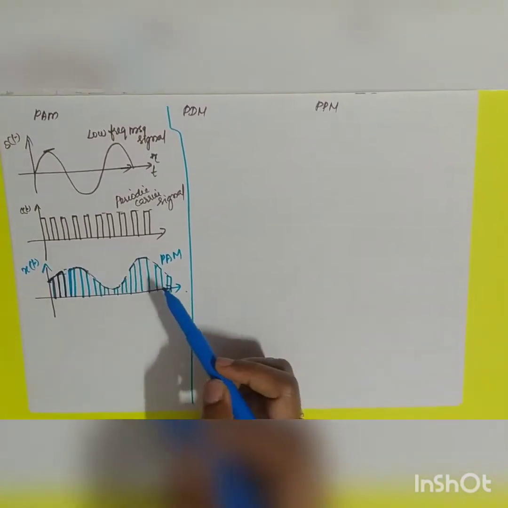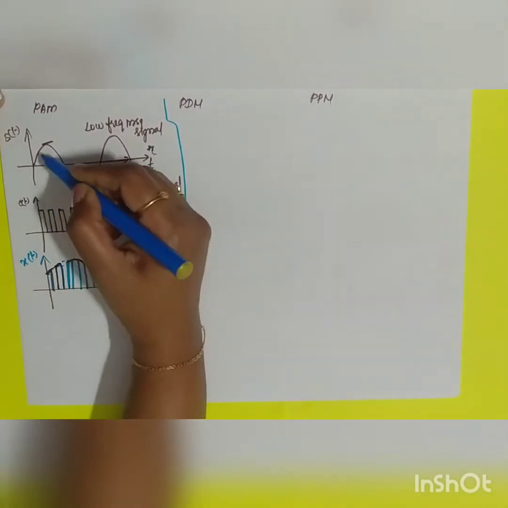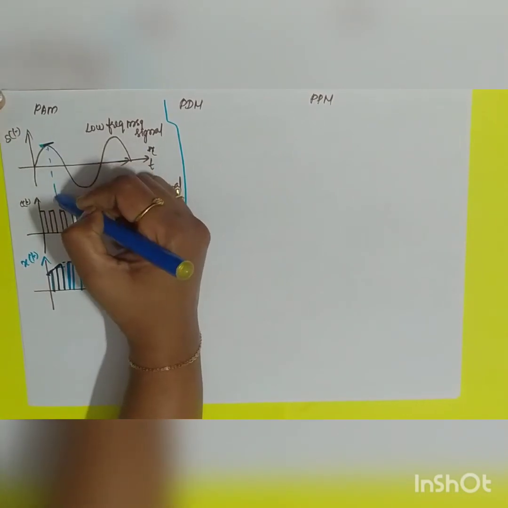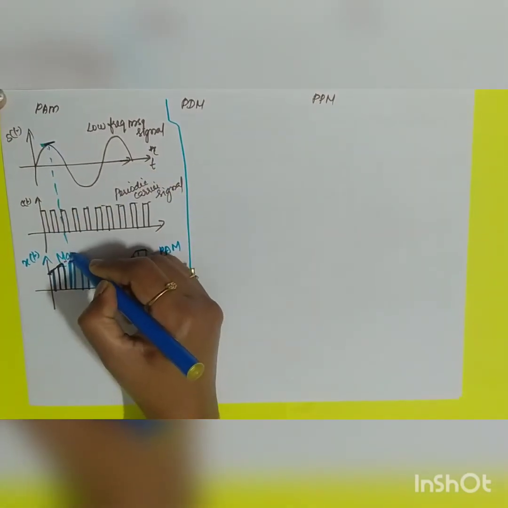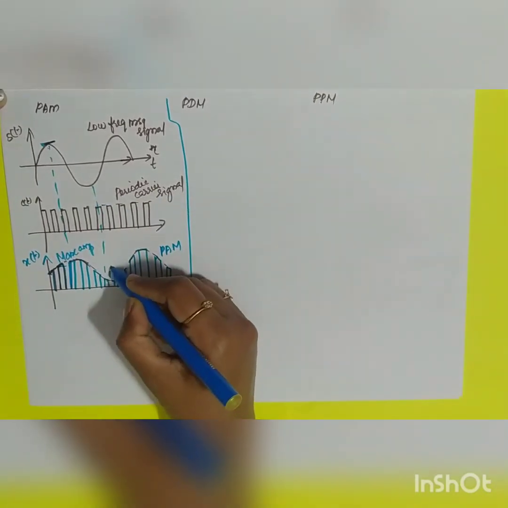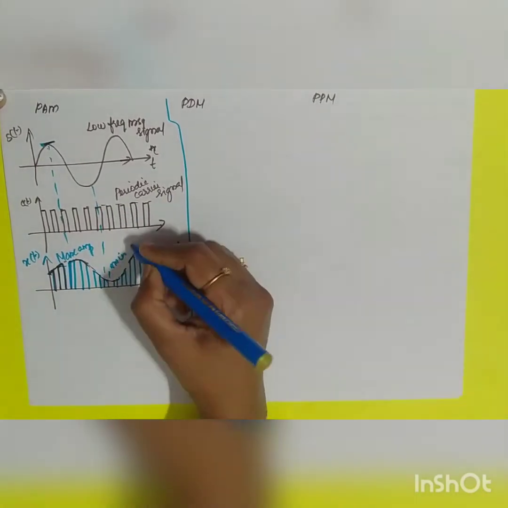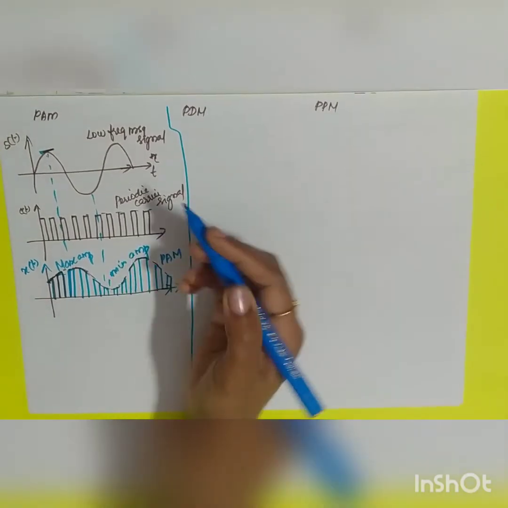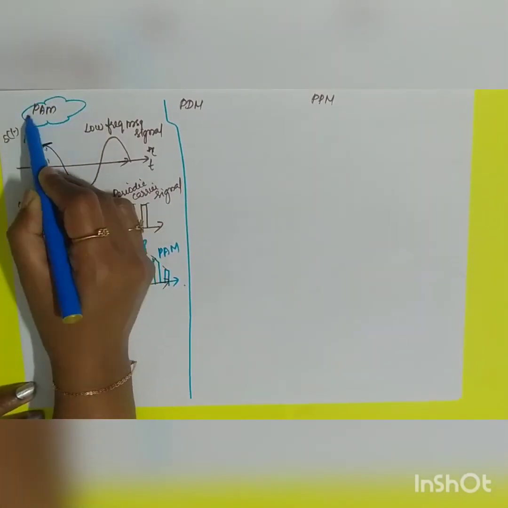So this will be your pulse amplitude modulated wave, where whenever the message signal is positive, you will be having maximum amplitude, and whenever the message signal is negative, you will be having minimum amplitude. So this is called your pulse amplitude modulation.